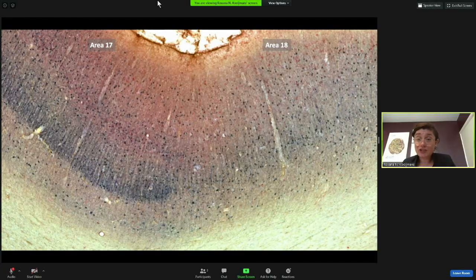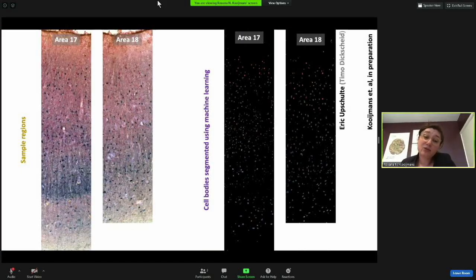In the tradition of my collaborators, I am also working on developing a method to quantify these sorts of differences. So we are now using machine learning in order to segment cell bodies in these very large images. I'm doing this together with Eric Upschulte in the group of Timo Dickscheid in Jülich.